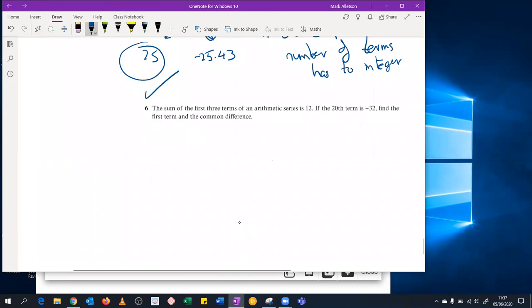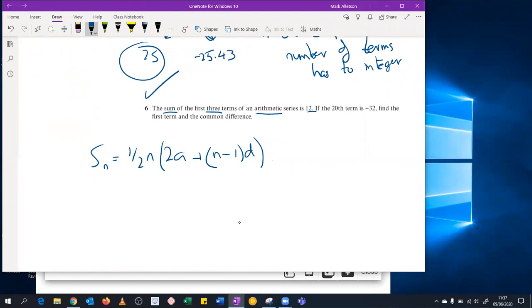Right, so this is how you do this one. The sum of the first 3 terms is 12. So, and it's arithmetic. So from these pieces of information, remember the sum formula is a half n brackets 2a plus n minus 1 d. And if we substitute this in for the first 3 terms, so n is 3, equals 12.